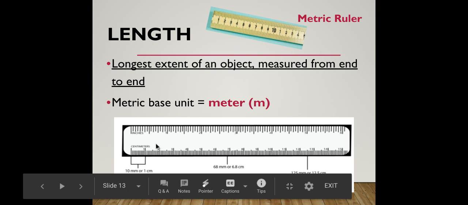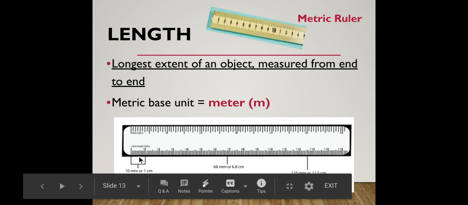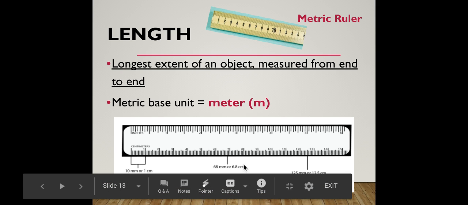When you read a ruler, you can only read up until your significant digits, or how accurate you're able to read. Basically, we have this millimeter mark here. So we can say something like 6.8 centimeters. But we can't get more accurate than that because there are no more little lines.